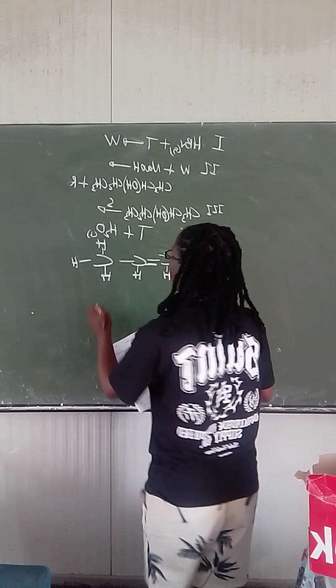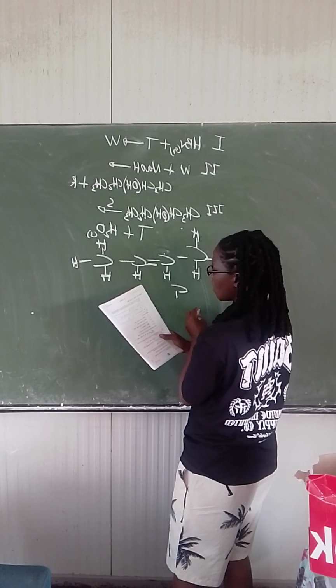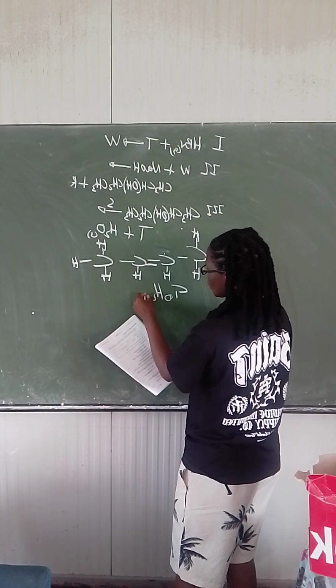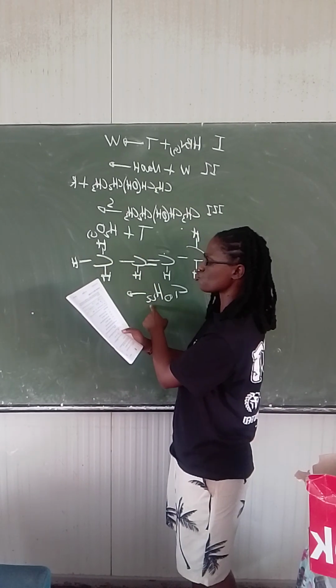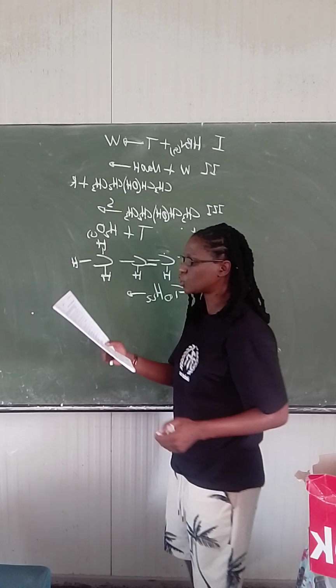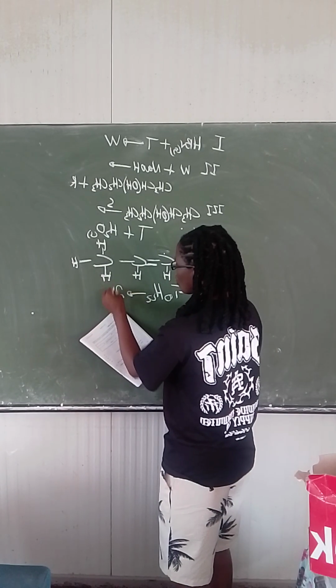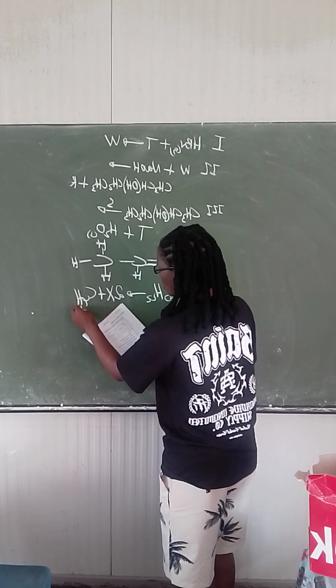And then 4.2, a compound with the formula. So they were given a formula here. They were given C10H22. They said a compound with the formula C10H22 undergoes a cracking reaction according to the equation. So the equation is C10H22 gives 2X plus C4H10.